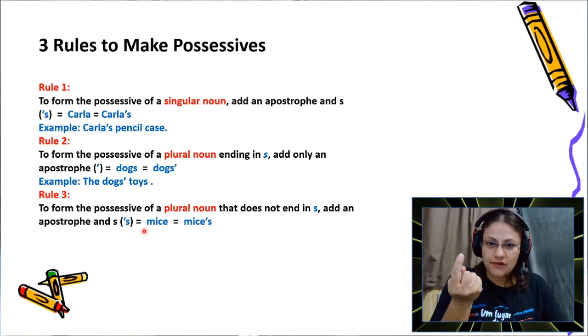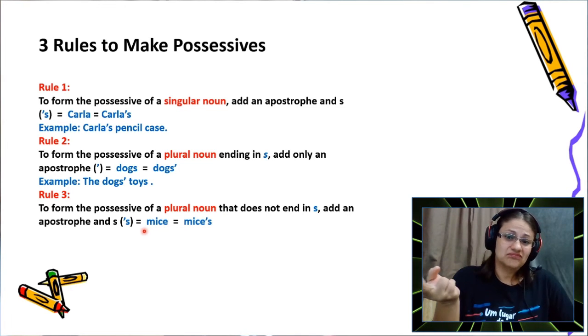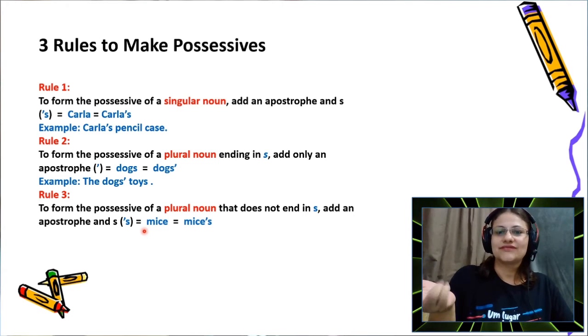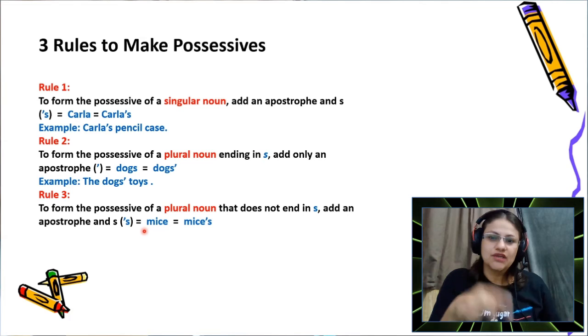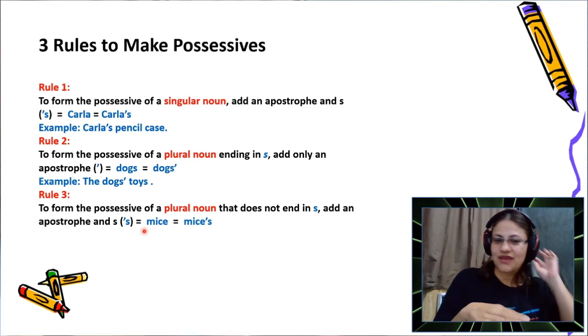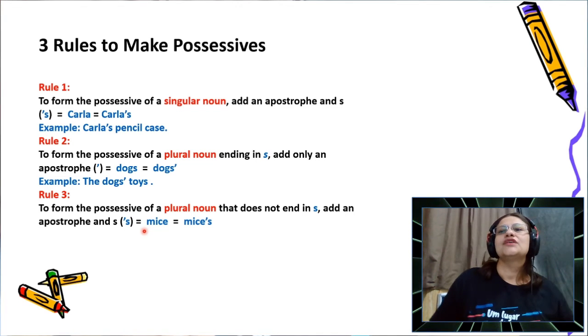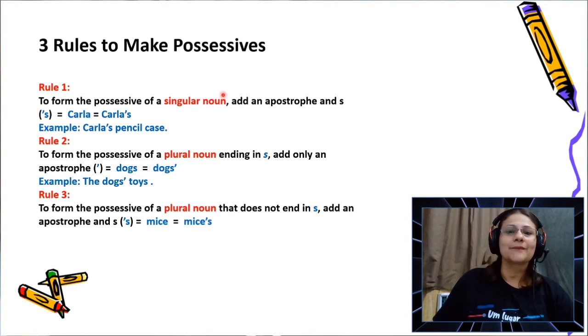I have 1 mouse, 2 mice. I can't say mices or mouses. It's wrong. I have mouse, 1, 2 or more mice, without an S. So in this case, I treat this word like a singular noun, exactly the same. So for mice, I have to add an apostrophe and an S.